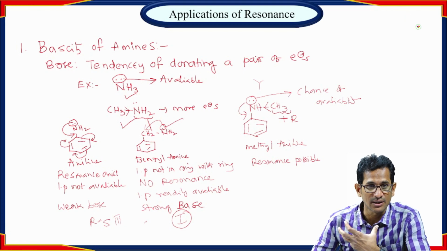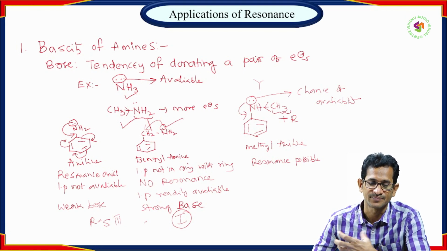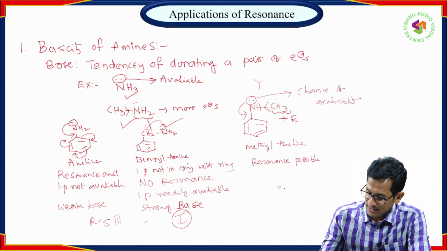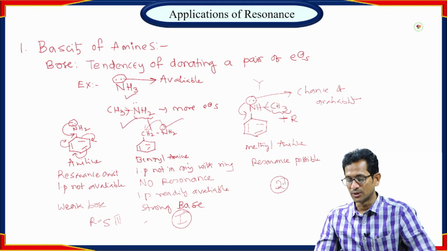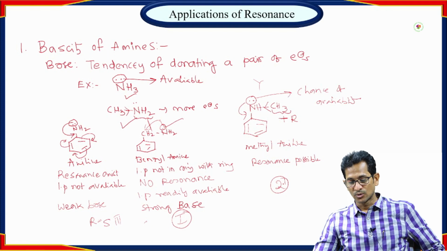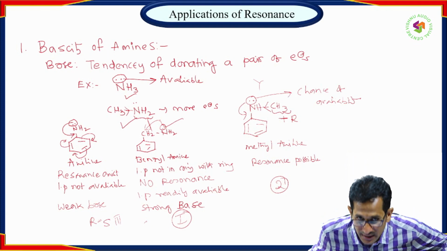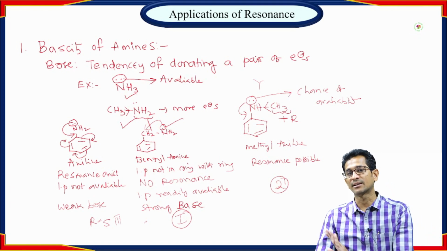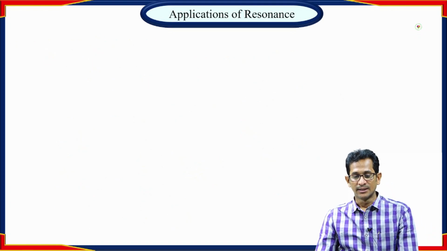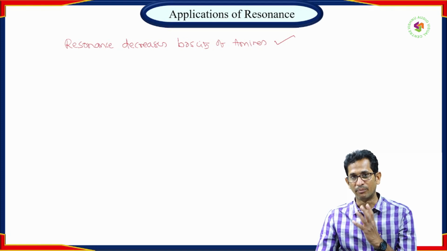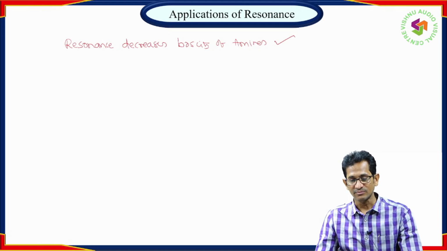But in the first case, actually there is no choice. So the second rank will be given to methyl aniline. So that is about the basic character of aniline. Finally, what I am going to say is that resonance decreases the basicity of amines.